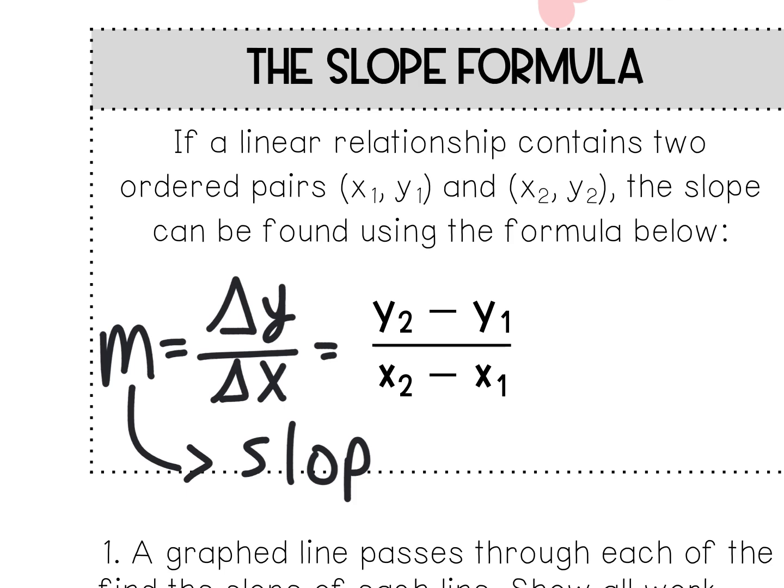M is slope. Change in y over change in x. Well, that's what I'm finding by taking y2 minus y1. This is the change in y, and this is the change in x. Change in is just a subtraction problem.